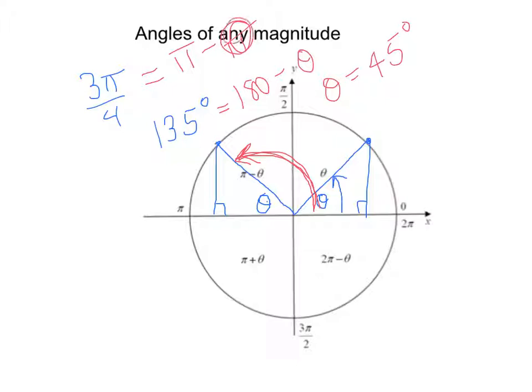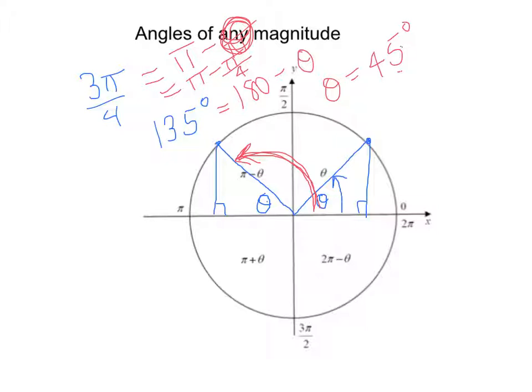So to work out what theta is here, which remember is the related angle, you can use your knowledge of fractions. So this is like 3/4 of pi equals pi minus how much of the pi? And so then theta is going to be 1/4, because you have a whole pi minus 1/4 of a pi, pi on 4, equals 3/4 of a pi. And you can also see if you were to convert 45 degrees to radians, that'd be pi on 4 radians. Alright, so that's angles in the second quadrant.